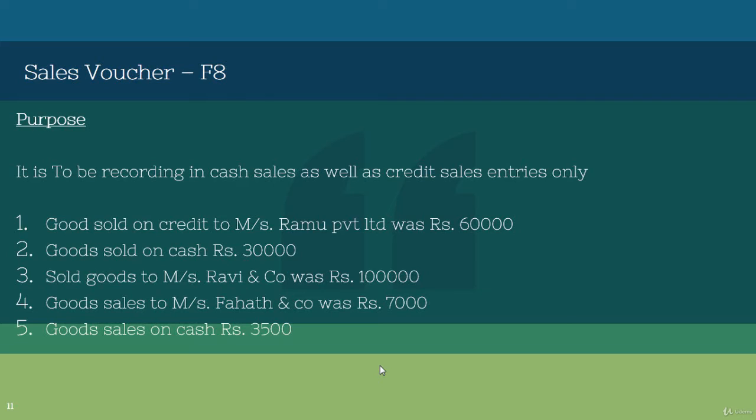Examples: goods sold on credit to Rama private company 60,000, goods sold for cash 30,000, goods sold to Ravi company 100,000, goods sold to Fahad company 7,000, goods sold for cash 3,500. So cash or credit sales should be recorded in the sales voucher. The shortcut is the F8 key.